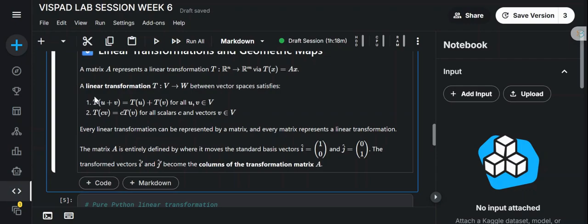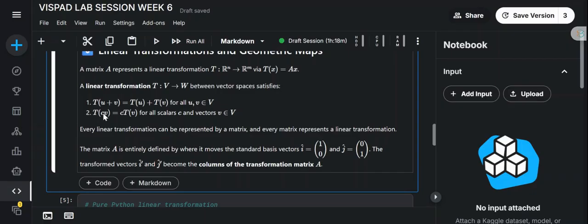The transformation of the sum of two vectors, or any two elements, equals the sum of the transformation of each element, for all u and v elements of a certain vector space.